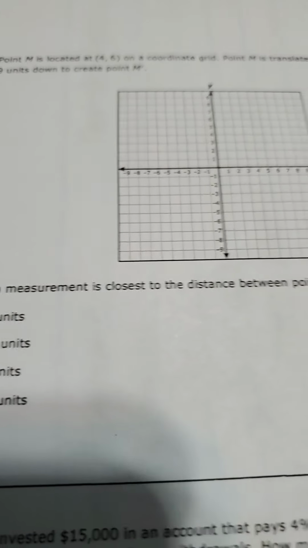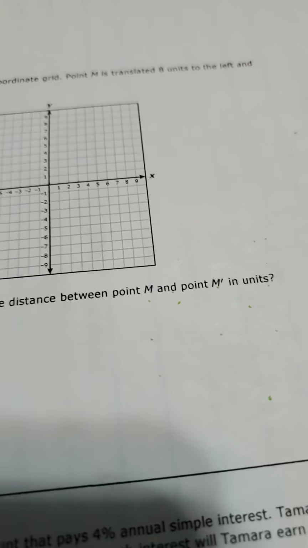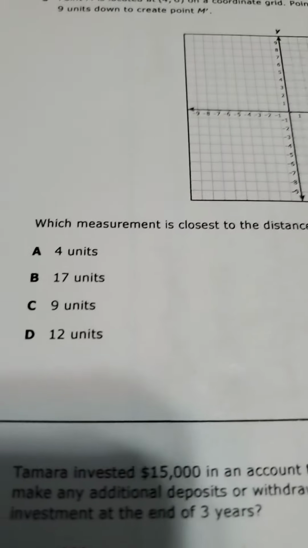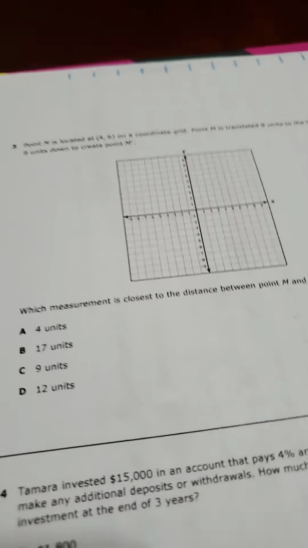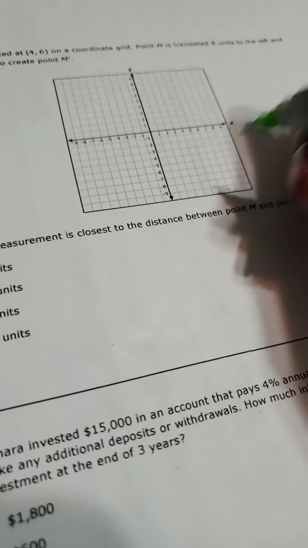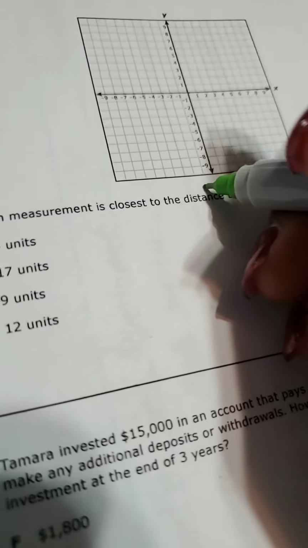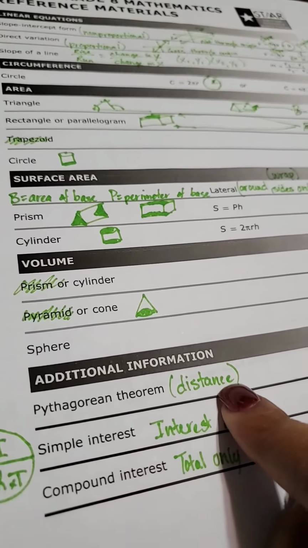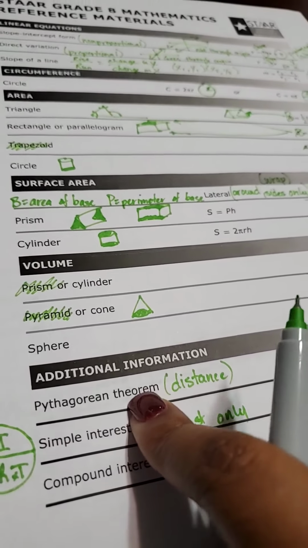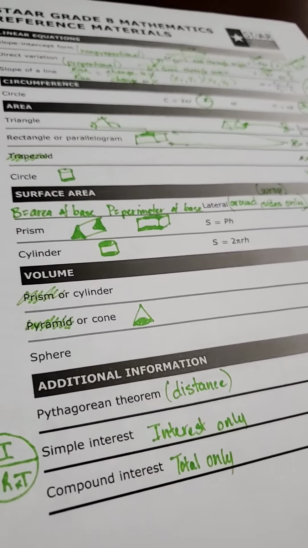Which measurement is closest to the distance between point M and point M prime in units? My key word here to tell me what I'm going to be doing is distance. And if you go back to your brain dump, distance is a key word for Pythagorean theorem.